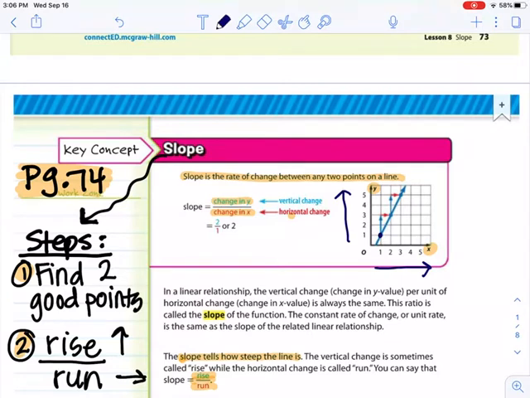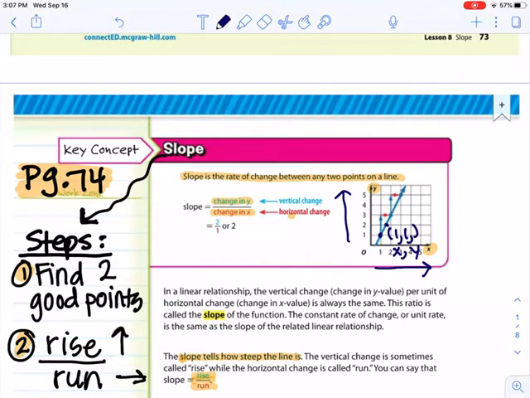However, this point right here is a good point because it crosses exactly on the coordinate where the x and y coordinates meet. So I know that this coordinate is 1 unit to the right and 1 unit up. Remember your coordinates: the first number is your x-axis and your second number is your y-axis.